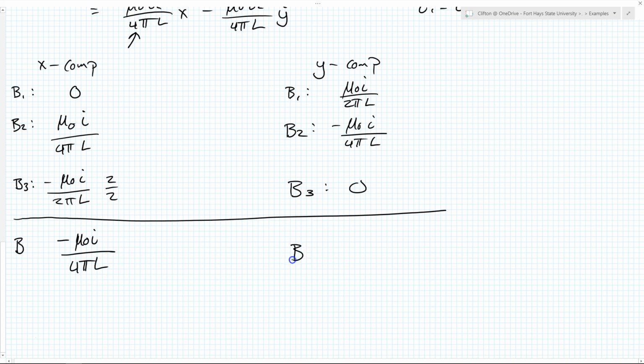Over here, I'm going to get a plus mu naught I over 4 pi L when I add those two together. So here we have the x and the y components of the net magnetic field.